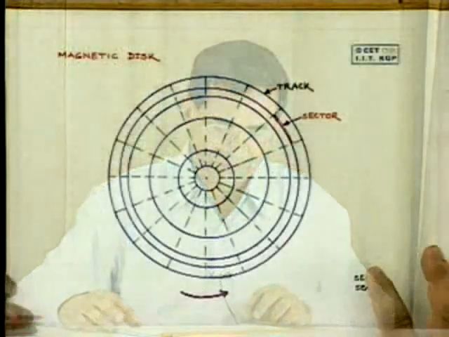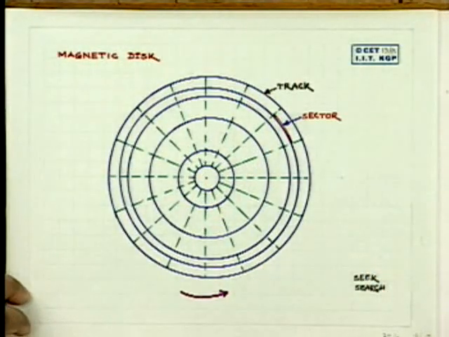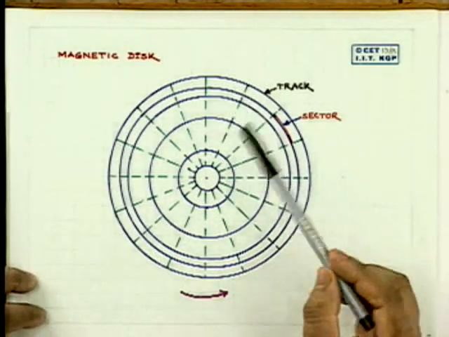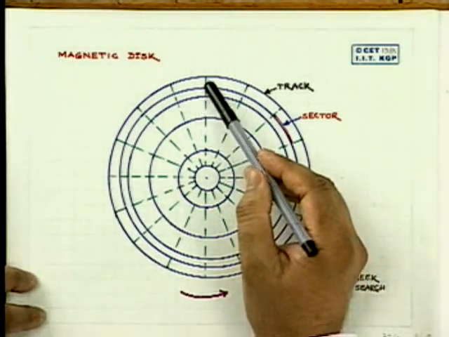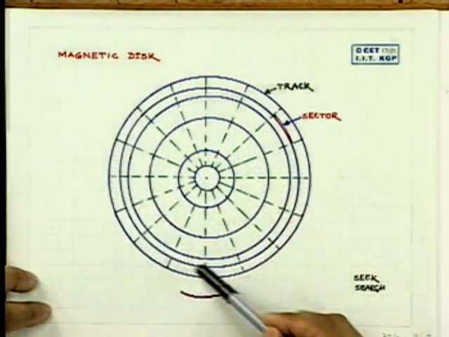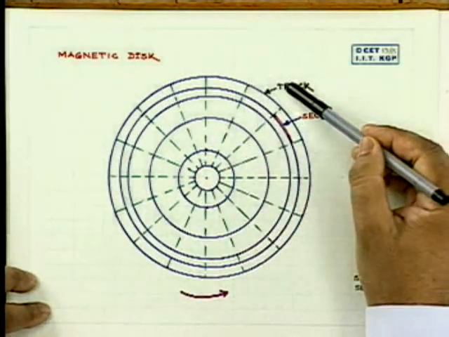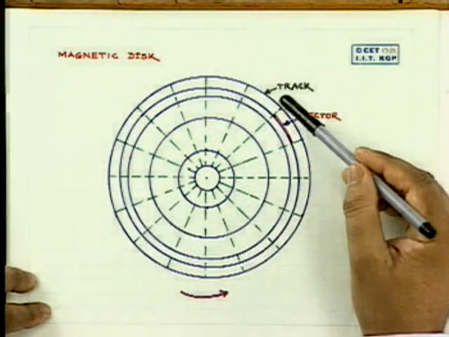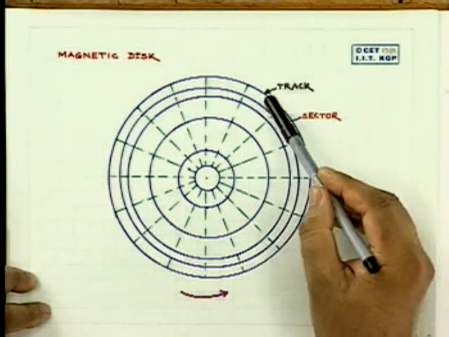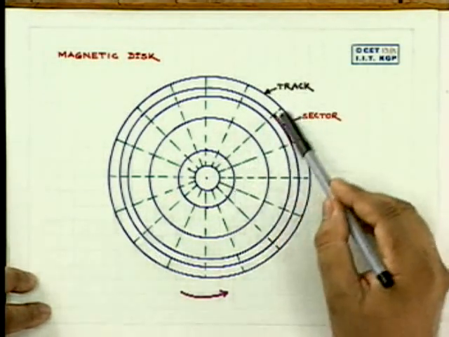I hope you will remember this plate where I have shown schematically a magnetic disk. As I said, the magnetic disk consists of several tracks. Here is a track. And each track is divided into sectors.